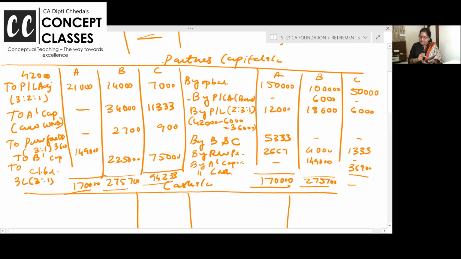And we need to see how much is coming for B. 1 lakh plus 6,000 plus 18,600 plus 4,000 plus 1 lakh 49,000 is 277,600 total. Credit side is coming more. So B, your extra capital you take home.